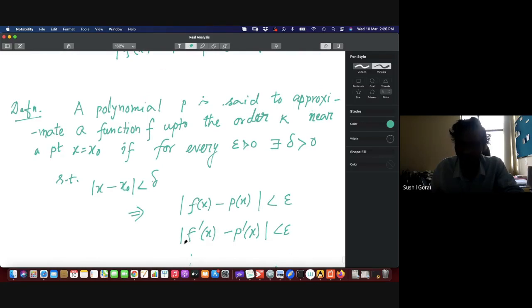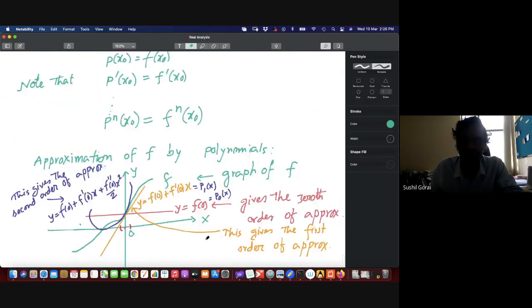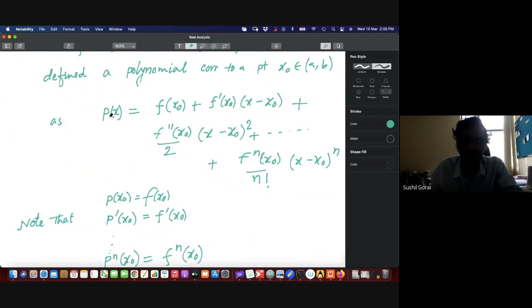Now if you want to see the derivative, you have to do this one again. If you look at p prime x, this goes away, you will have f prime x naught only here, and the remaining part will have x minus x naught, right? Now p prime x minus f prime x naught will also be less or equal to some constant times mod of x minus x naught, right?